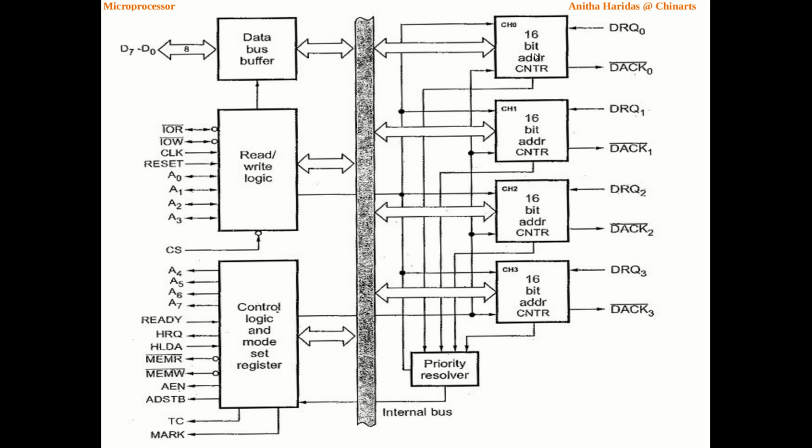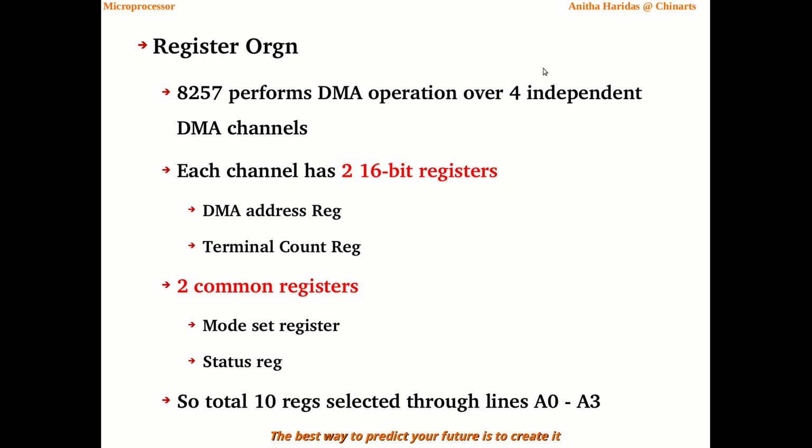Address register and the counter. So you have a DMA address register and you have terminal count register. These are the 2 16-bit registers available in each channel. And you have 2 common registers also. One is called the mode set register, the other one is called the status register.